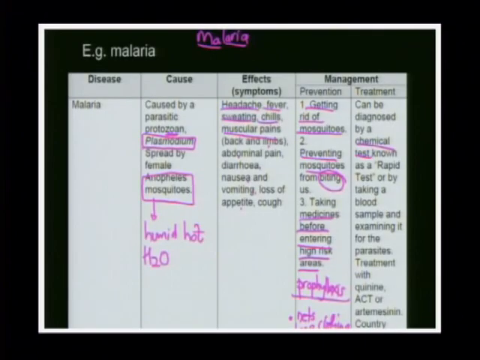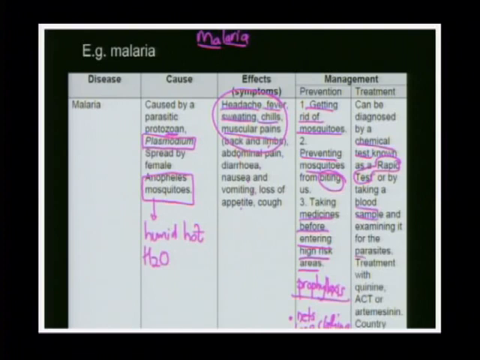You will find that a chemical test called the rapid test is used to diagnose a person who has malaria. This is quite important because remember those flu-like symptoms. As well, a blood sample can be taken and you can look for the parasites in it.